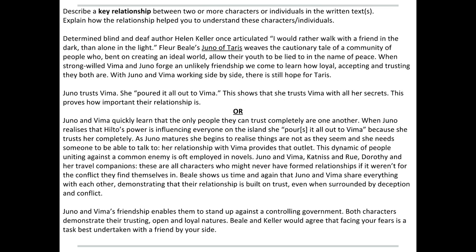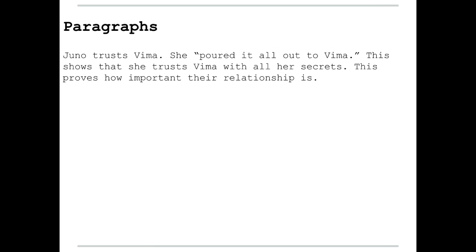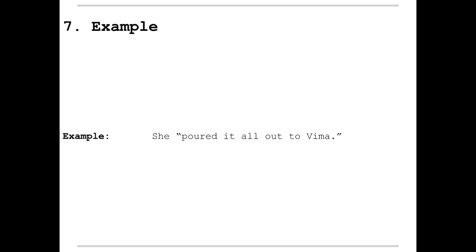Here is our entire essay, and here is our paragraph, and here is the actual example. Now, the main thing that you must remember when you're writing your example is you've got to find words that are directly from the novel that actually prove your point.